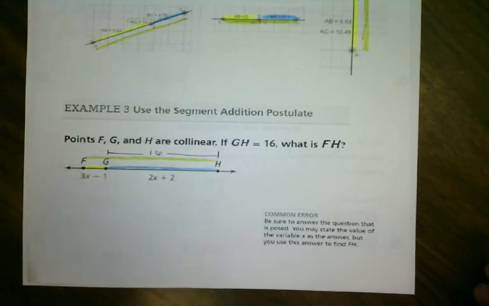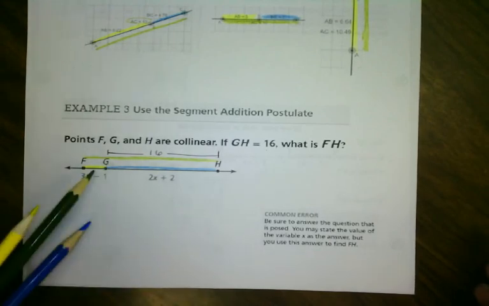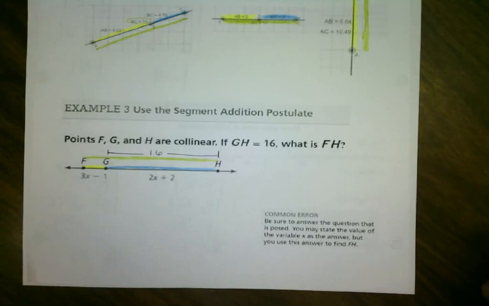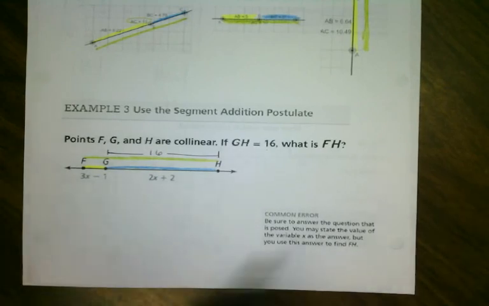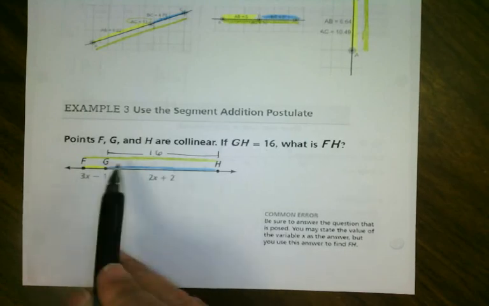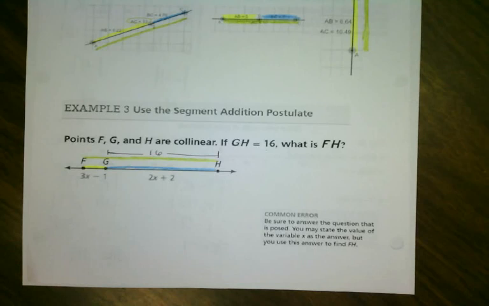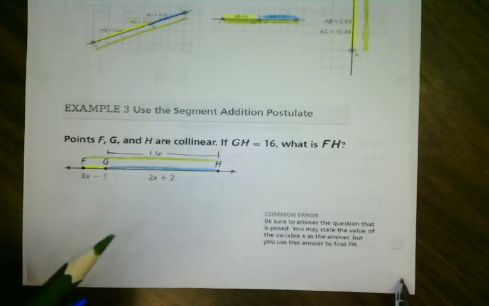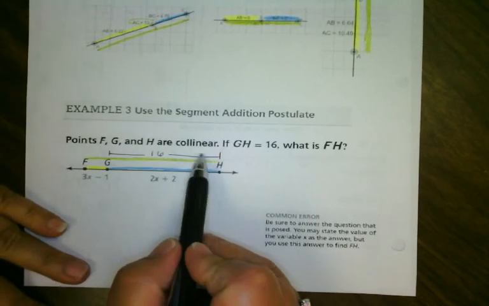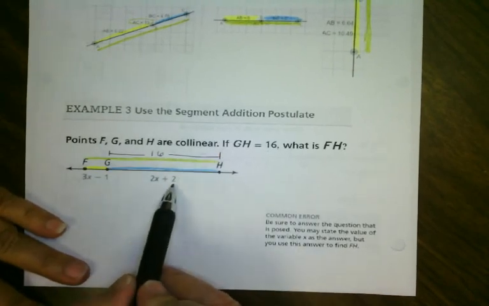I can't just look at that and say, oh, that's 16, so this has got to be about 3, and I'm going to say it's 19. That'd be a good guess, wouldn't it? Would you go with that? Would you say that if this is 16, that's about 3 or 4, so the answer is going to be 19 or 20? We have to go with the math that's here. What is that 16 equal to?